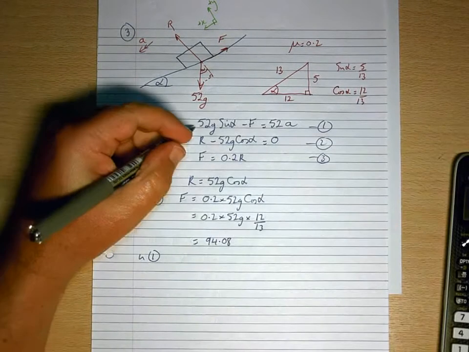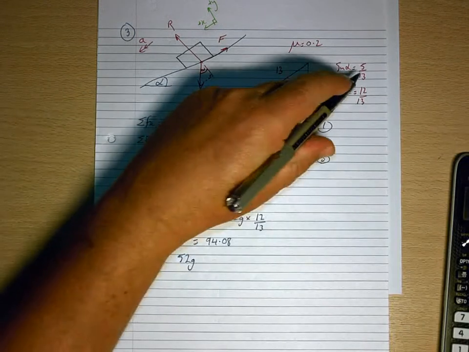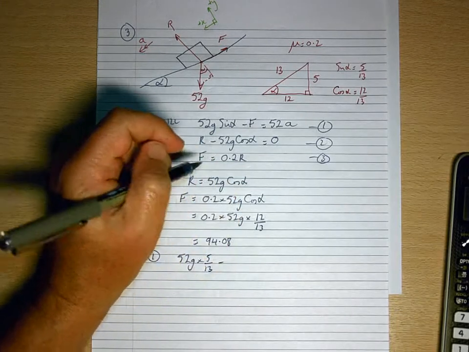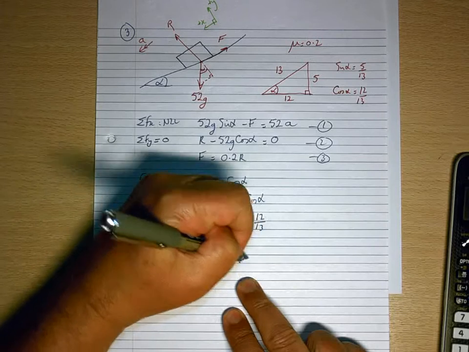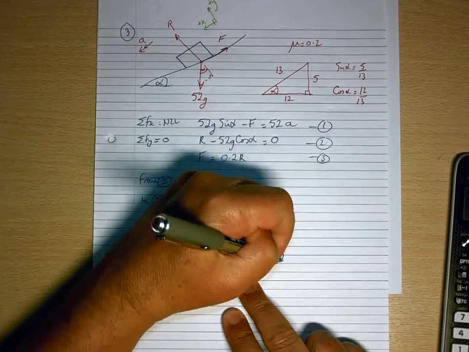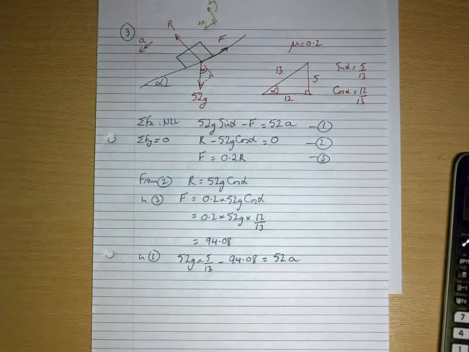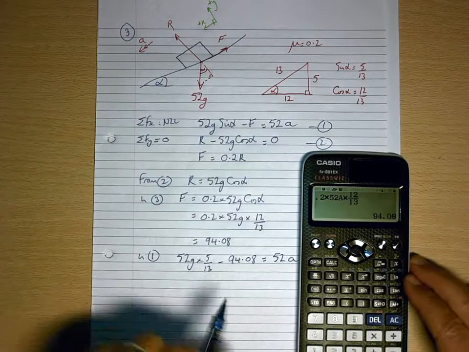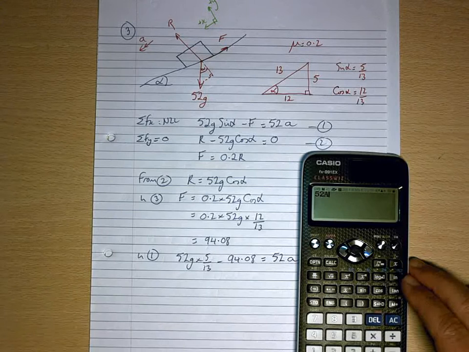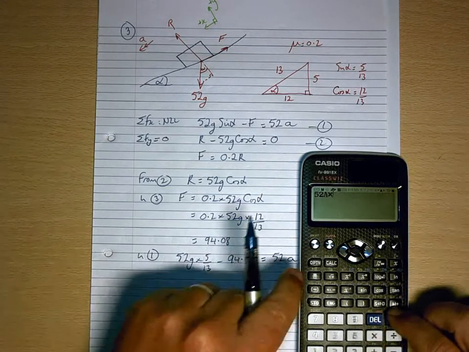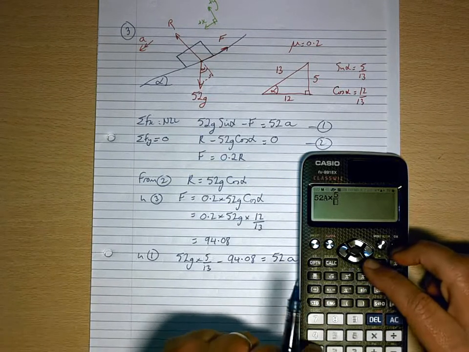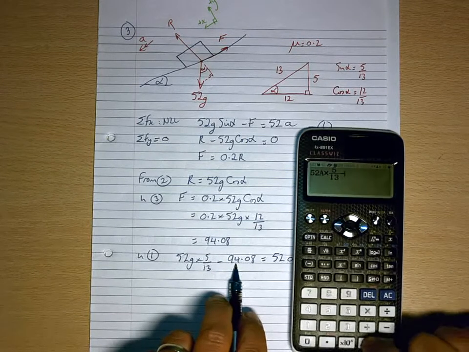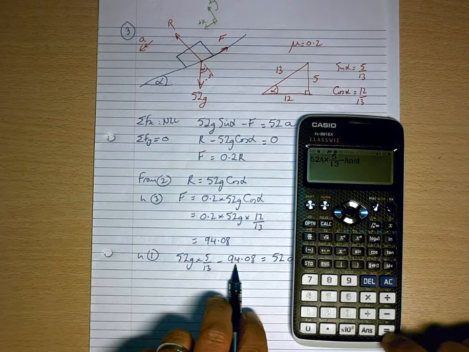So plonking that into 1, 52g, sine alpha I know is 5 over 13, minus F, which I've worked out as 94.08, equals 52a. So 52g times 5 over 13 minus, now that is the most recent answer, so I can just press Ans.